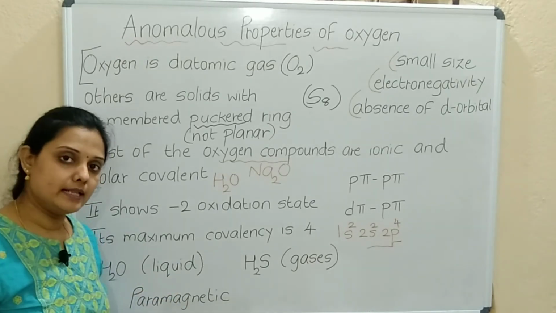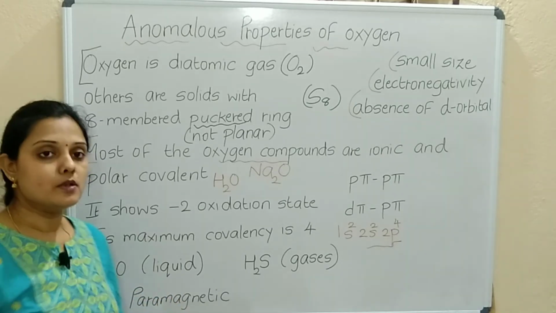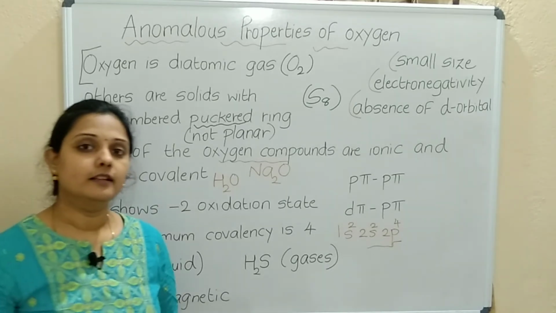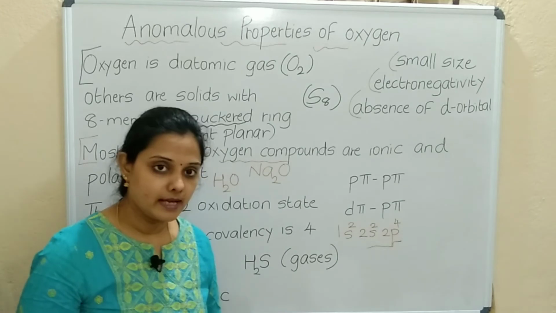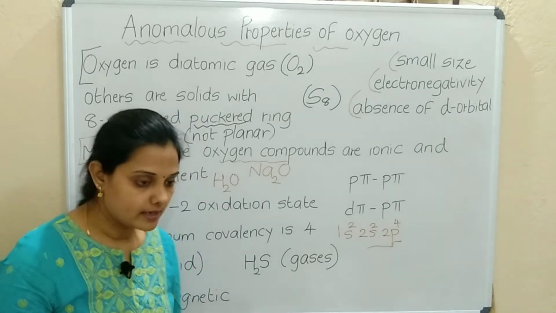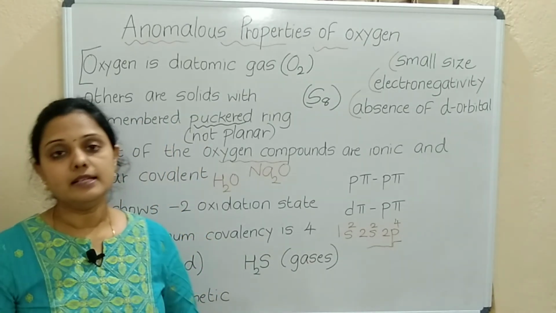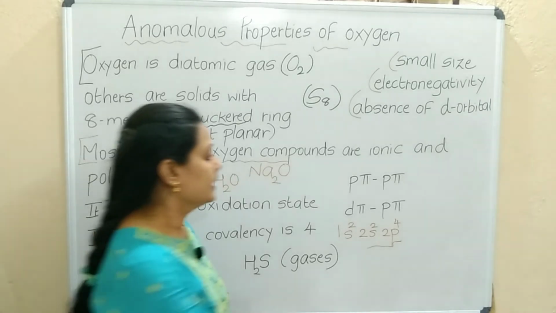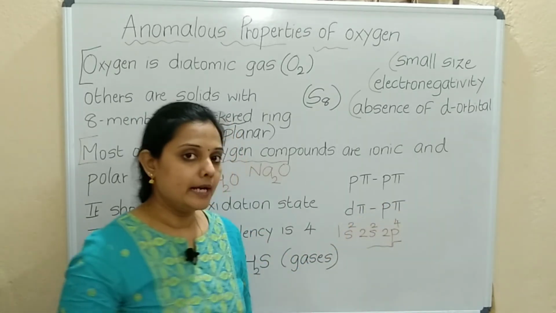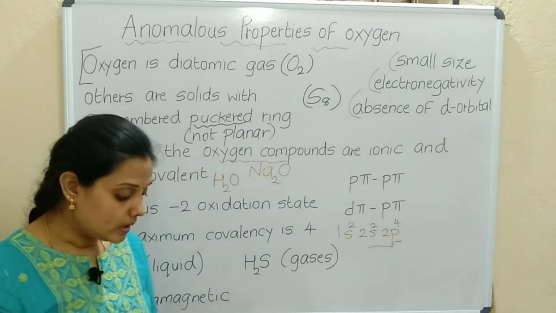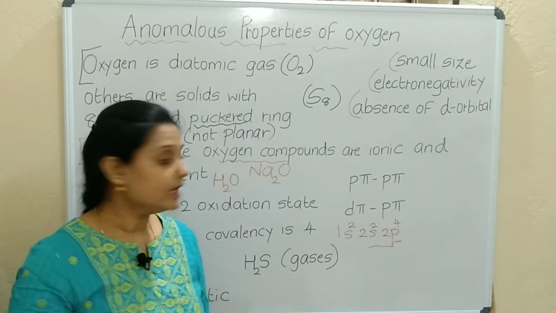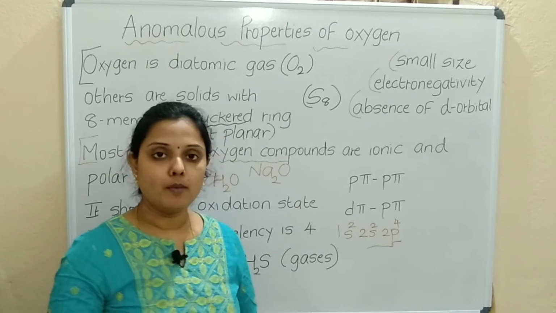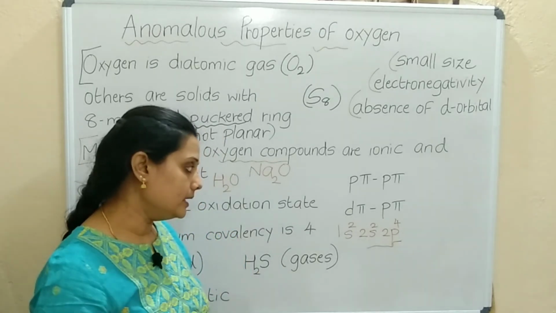Oxygen is paramagnetic, which means unpaired electrons are present. You can see p4 is there, so unpaired electrons are there, but other elements are diamagnetic, not paramagnetic. Oxygen can form p-pi to p-pi multiple bonds only, but the other elements can form d-pi to p-pi multiple bonds.